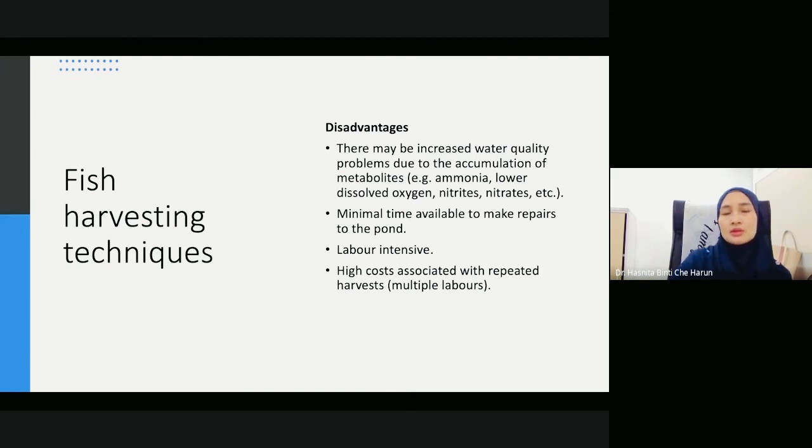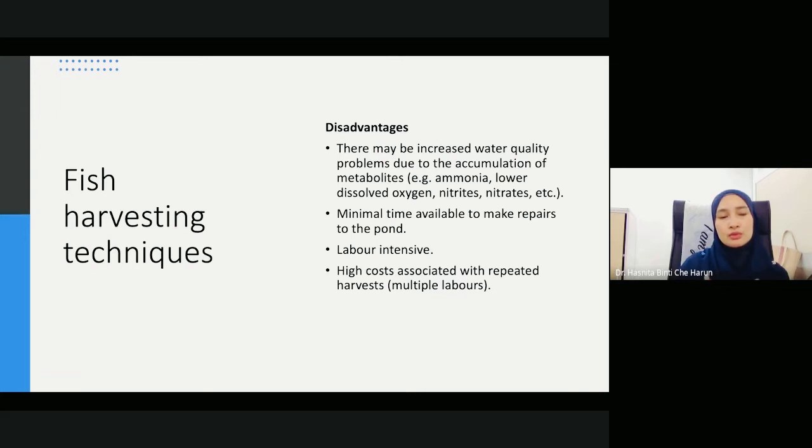However, it also has disadvantages, where this method could increase water quality problems due to the accumulation of metabolites such as ammonia, nitrates, and nitrite. Aside from that, you have minimal time available to repair the pond, and it is labor intensive because each time of harvesting you need labor.